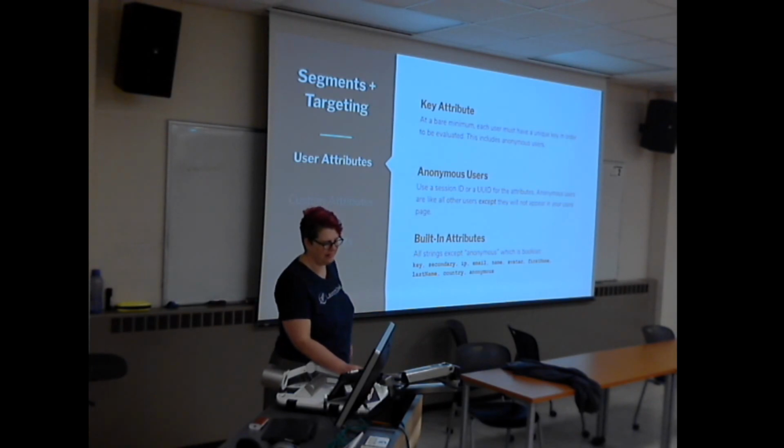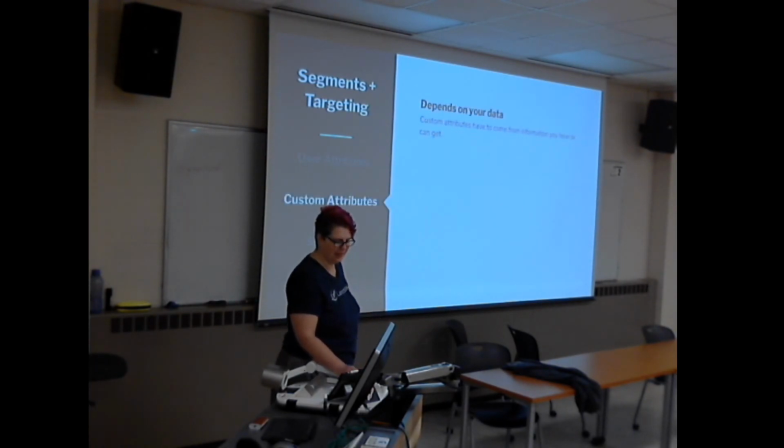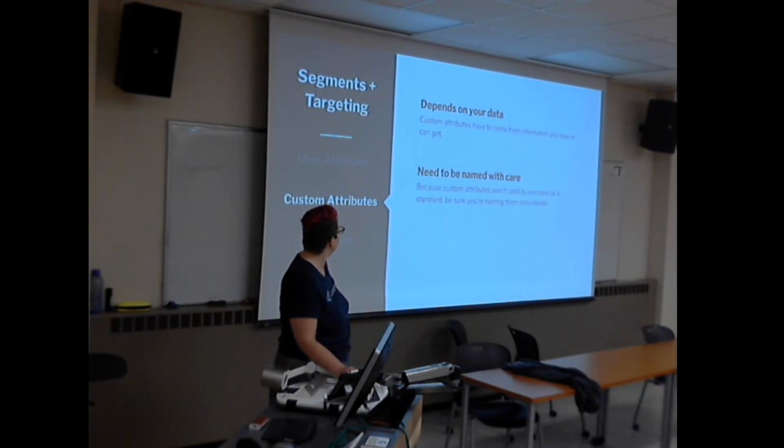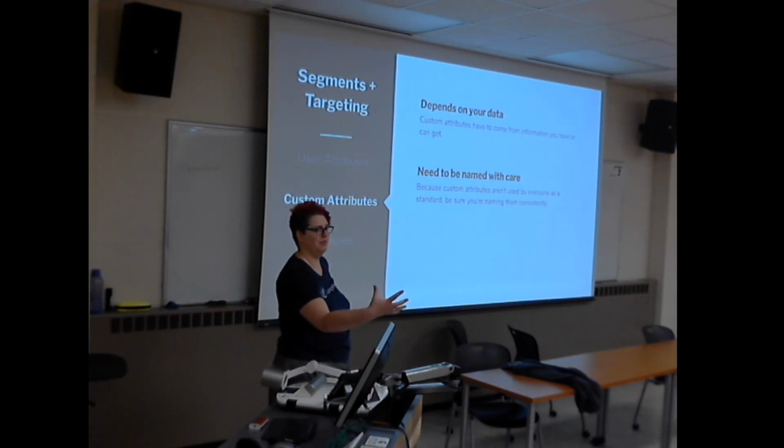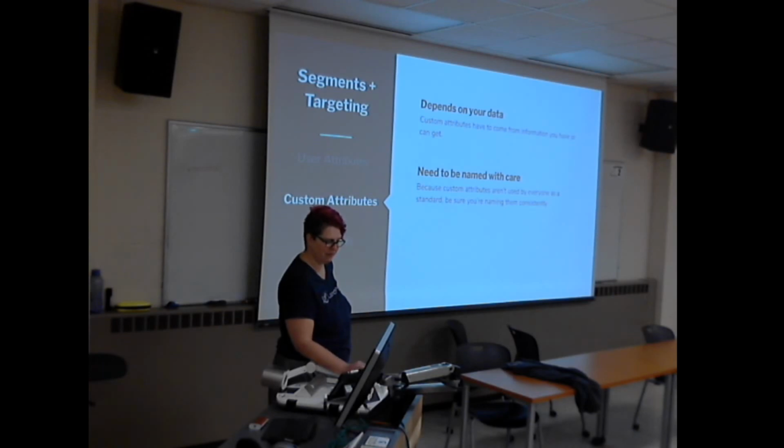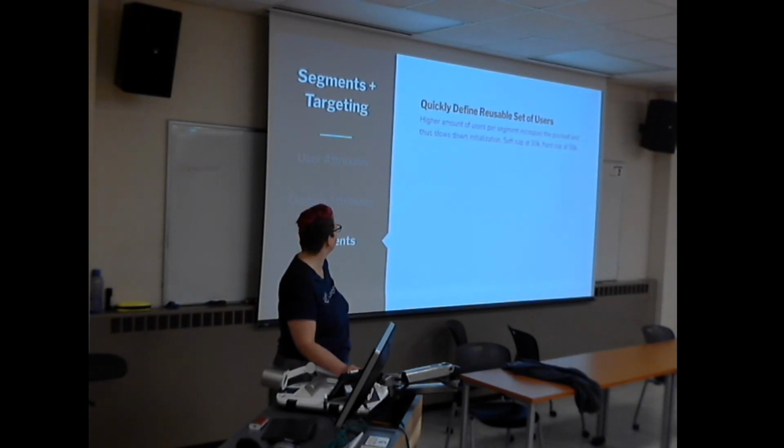Not anything. Anything that you know. We don't have to know it, but you have to know it. So it depends on what kind of attributes you can provide, how we sort this. Because custom attributes are not provided by us, you need to be sure that you're consistent in how you're calling them internally. And yeah, define custom attributes and then populate them from somewhere else.